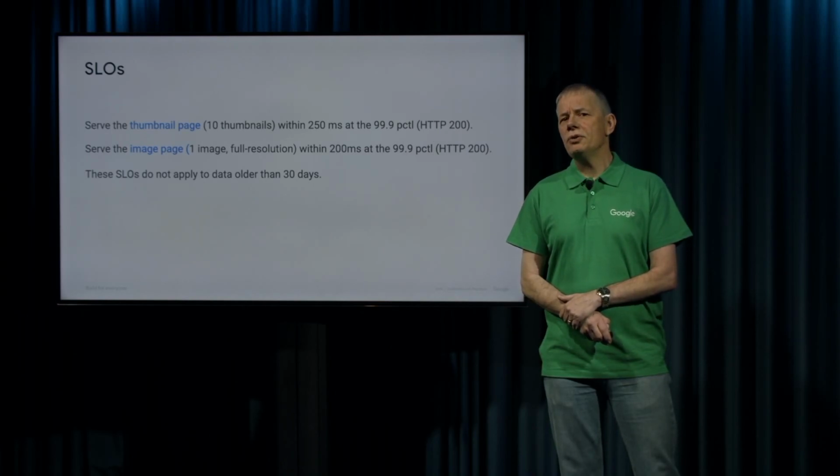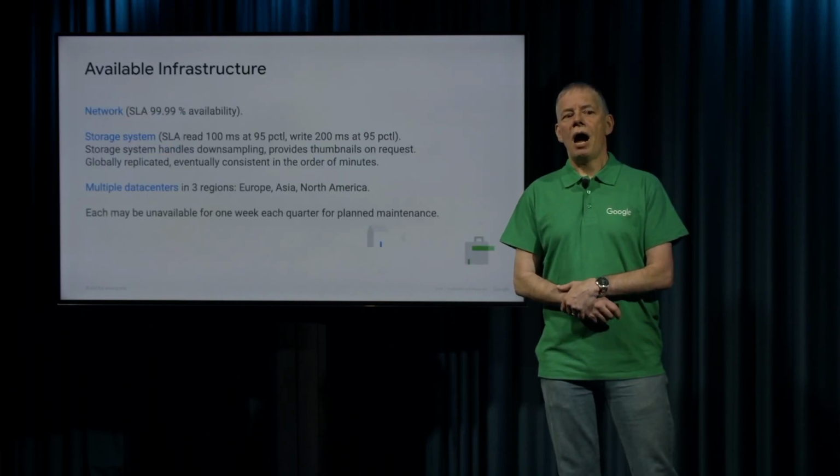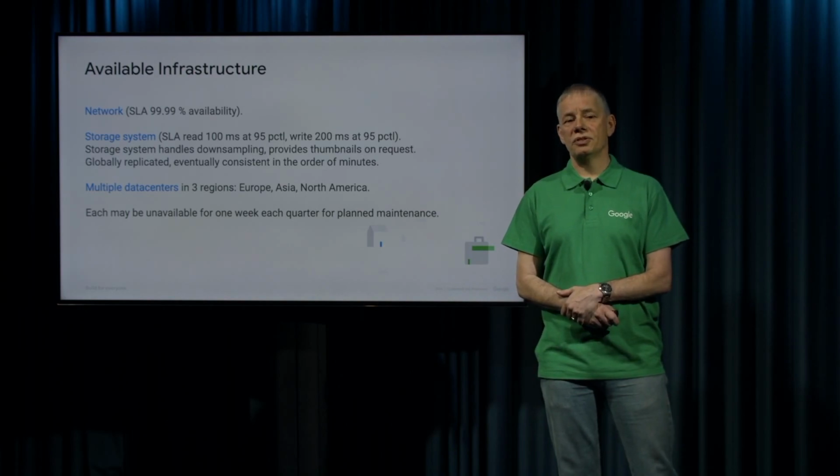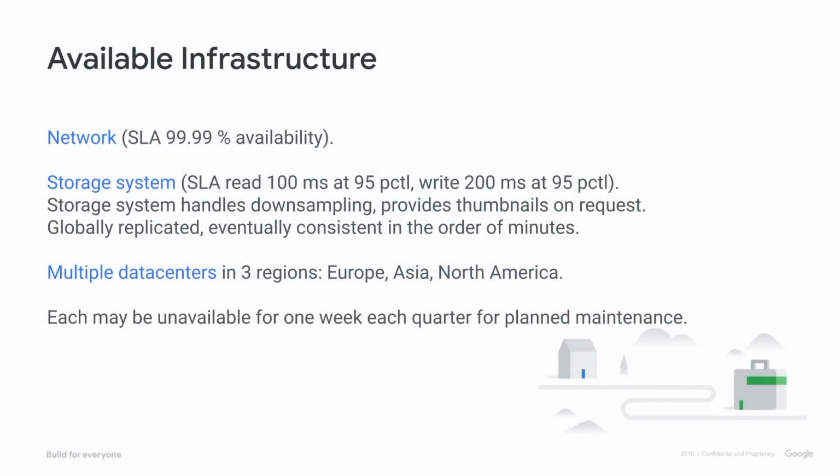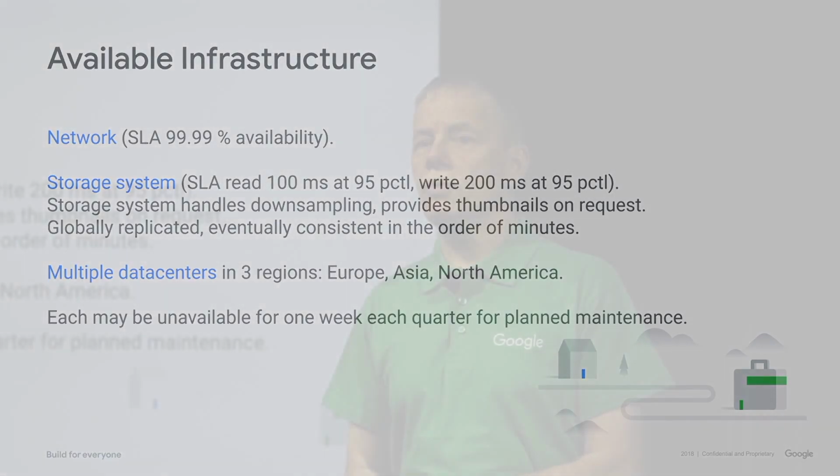So what can we use to build this? Our available infrastructure contains networking with an SLO of 99.99% availability. We have a storage system that has an SLA for latency of 100 milliseconds at the 95th percentile for reading and a latency of 200 milliseconds at the 95th percentile for writing.